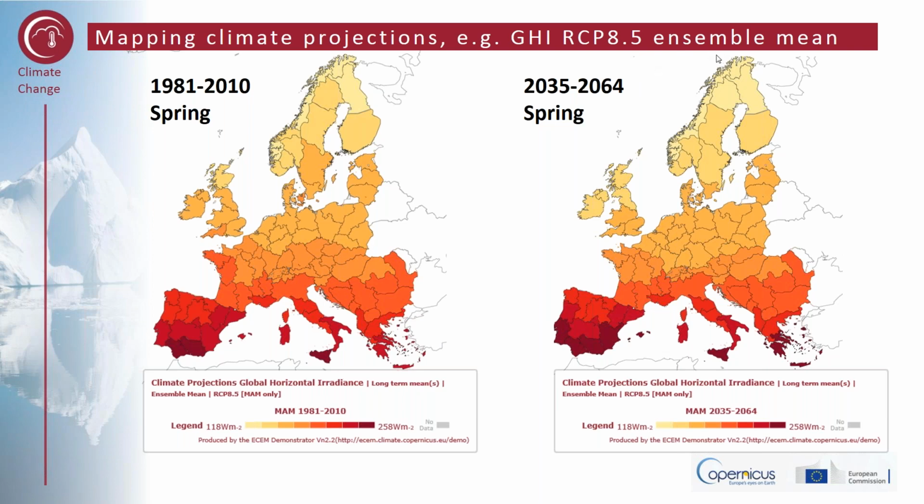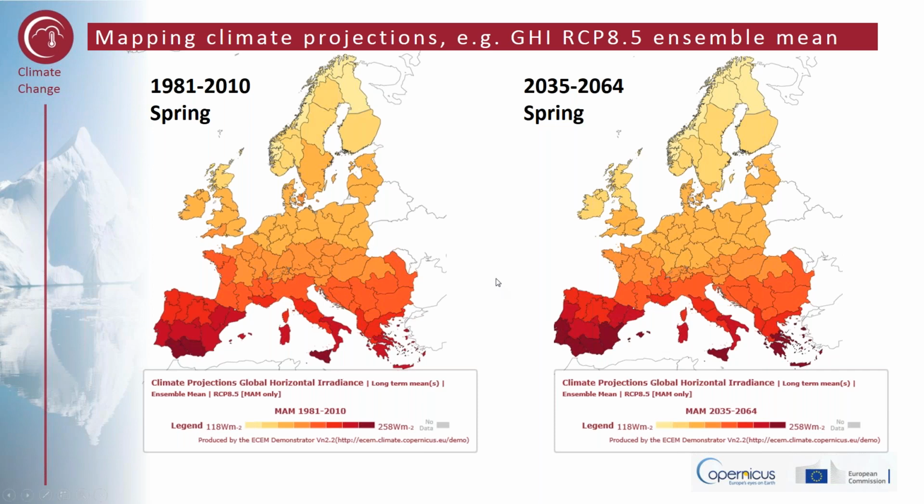This is the ensemble average, so the average of 7 models. And we're looking at 30-year long-term means. So here for 1981 to 2010 for spring, and here on the right-hand side, the 30 years centered on 2050.